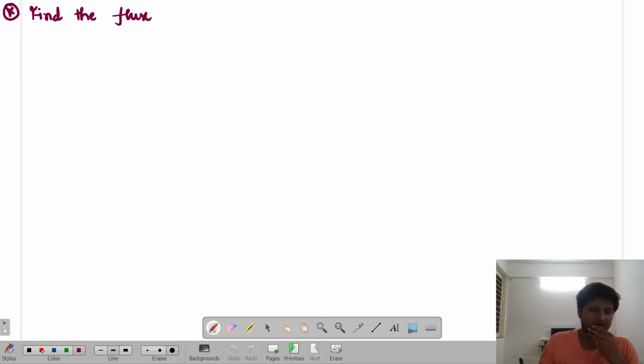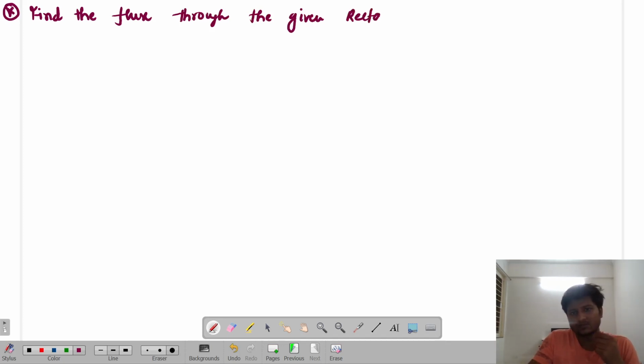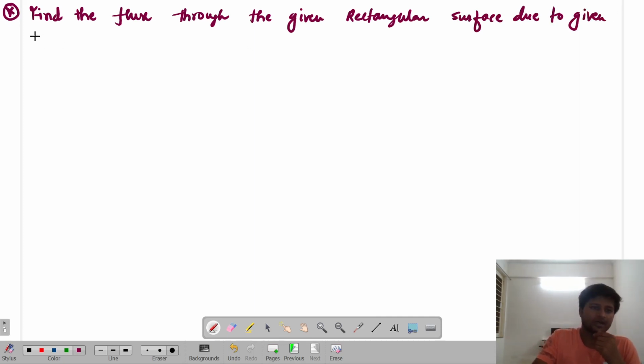Okay, so the question is: find the flux through the given rectangular surface due to given electric fields.